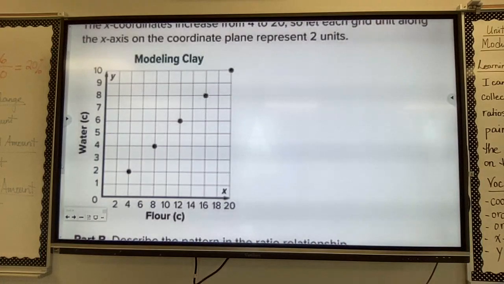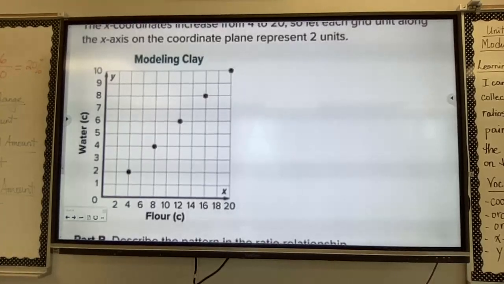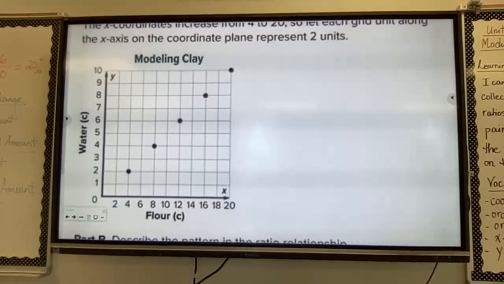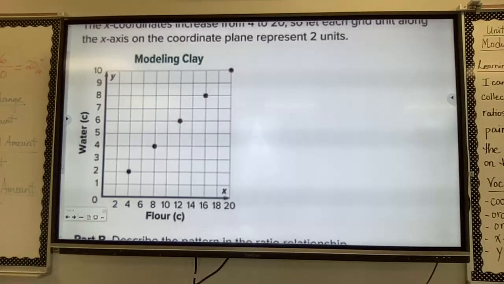Now if I had to describe the pattern in the ratio relationship, in the graph, the points appear to fall on a straight line, right? So each new point is 2 units up and 4 units to the right of the previous point.